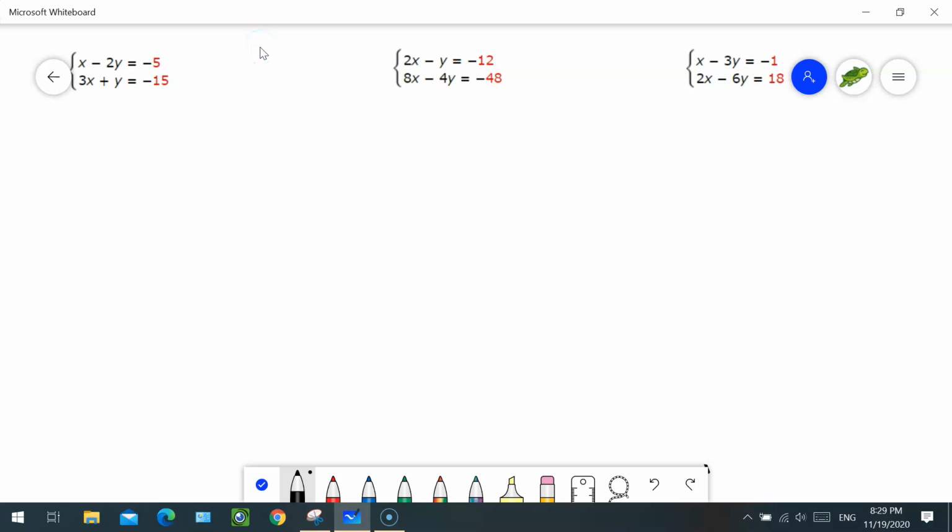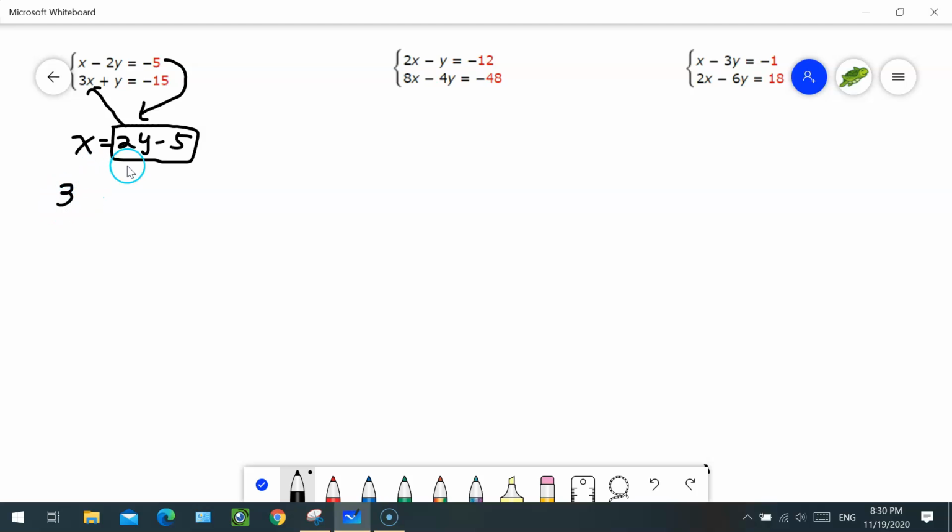Now, with a system of equations, we have two different approaches to solve the question, depending on the structure of your equations. For example, in this question, we have x minus 2y equals -5. From here, I can rewrite the first equation as x equals 2y minus 5. Now I can use this term to substitute into the x part of the second equation.